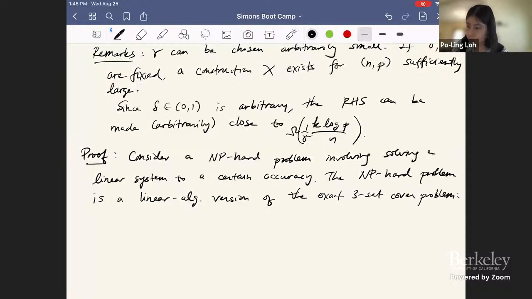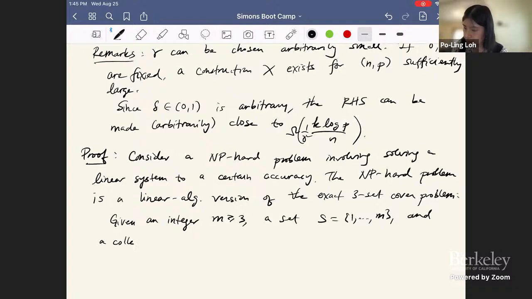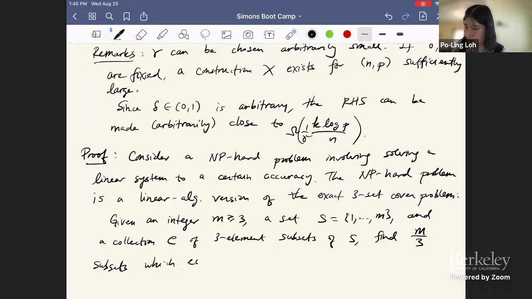Okay, and the exact 3-set cover problem is the following. Given an integer m greater than or equal to 3, a set S, which is defined as 1 up to m, and a collection script C of 3-element subsets of S, find m over 3 subsets which exactly cover S, assuming such a cover exists.